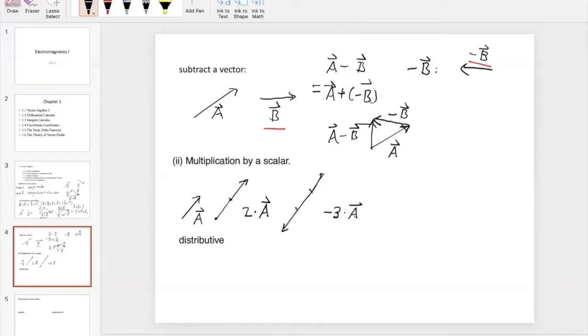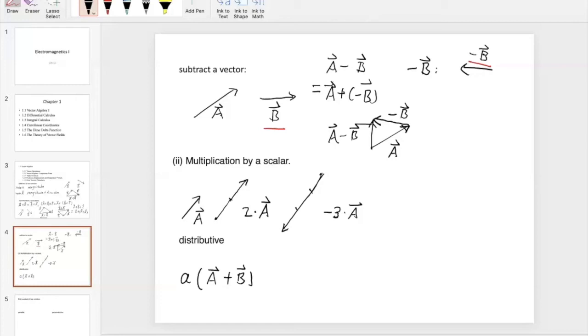The scalar and vector multiplication has some features, like distributive. What is distributive? Let's see. If you have a scalar, I would say a, small letter a, times the sum of 2 vectors, A plus B. By default, you can calculate the addition of A and B, and then multiply by this scalar.